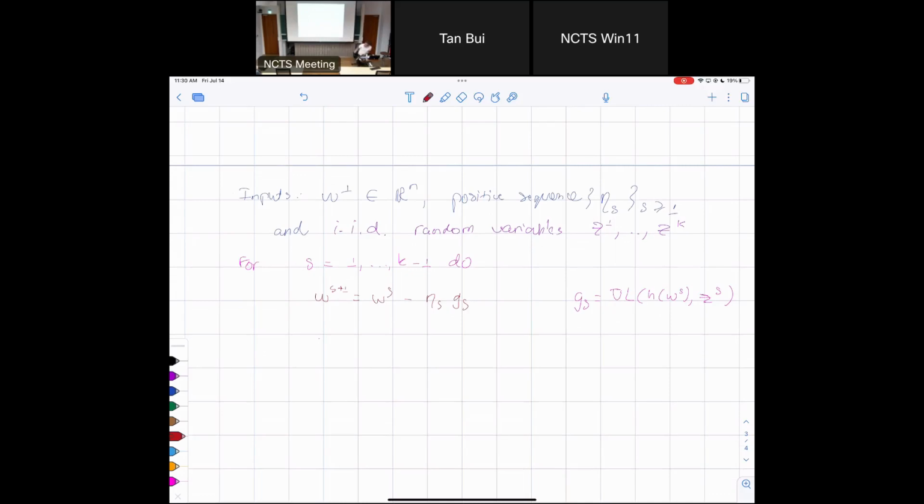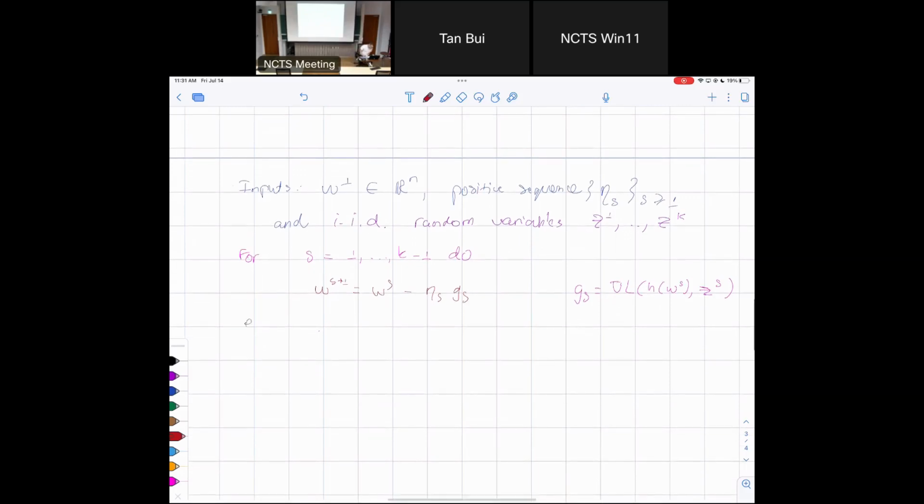The only stochasticity is from the z, which are random draws from the distribution. You just do that, come back, draw a new one and update. It's very stochastic: each time we draw a new random variable and evaluate the gradient of the loss function.